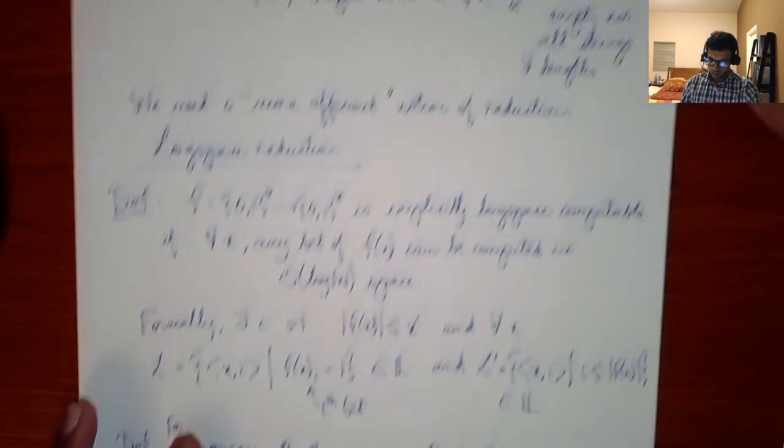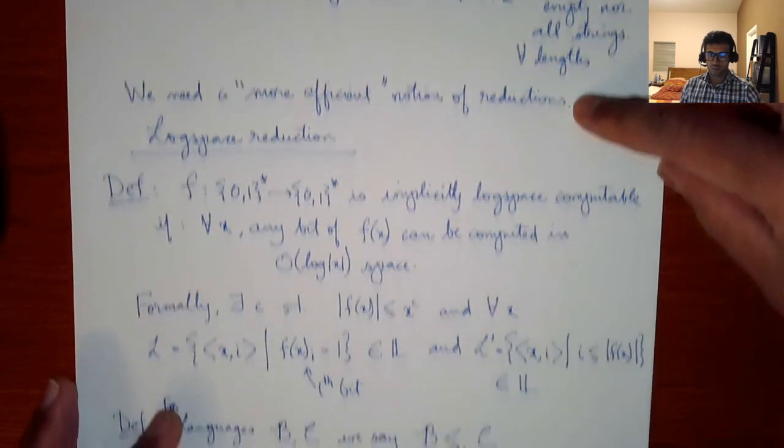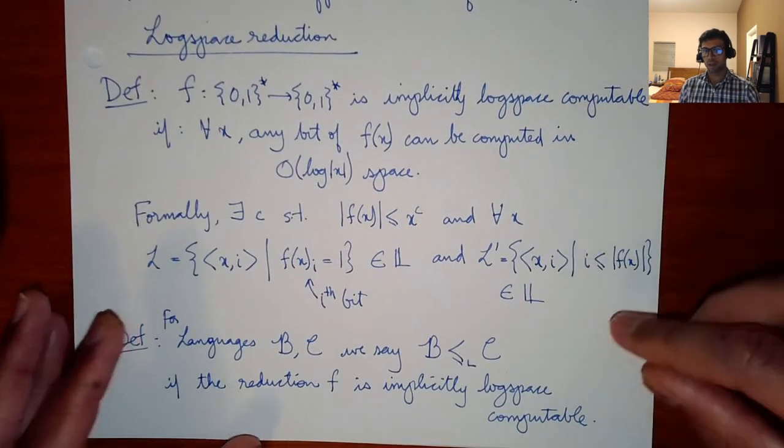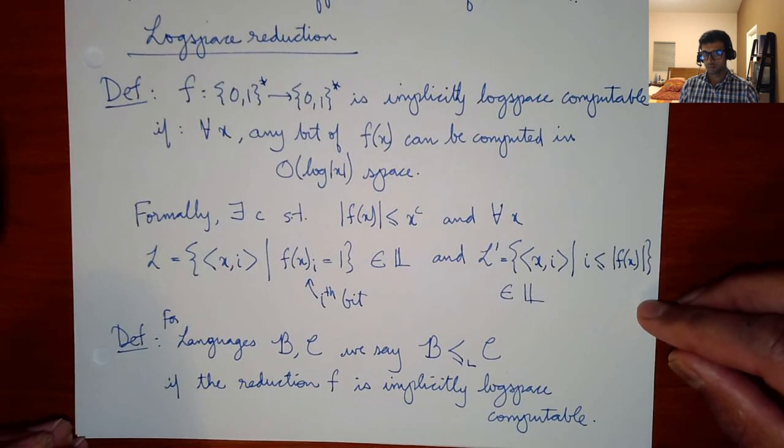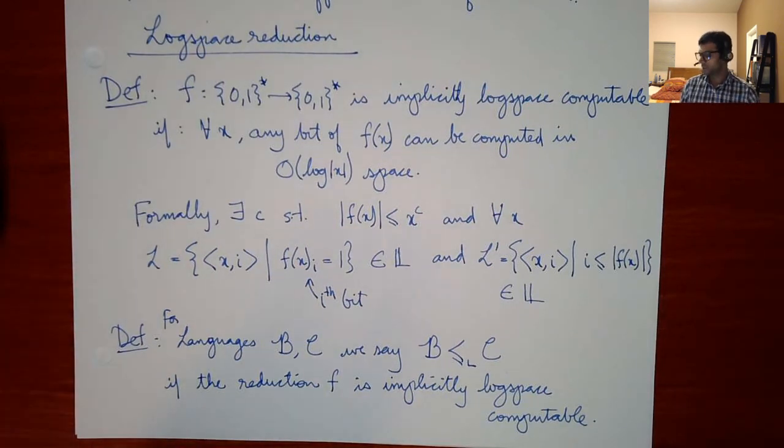Otherwise, you get trivialities, as we discussed. So we need a more efficient notion of reduction, which is the log space reduction. We will talk about log space reduction, that is, reductions that can be computed in log space.